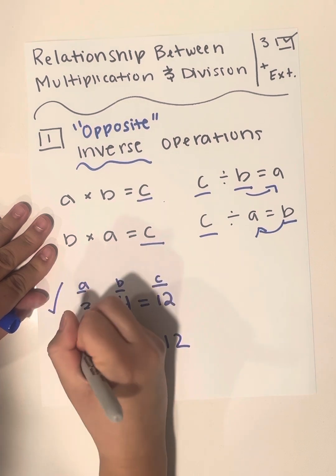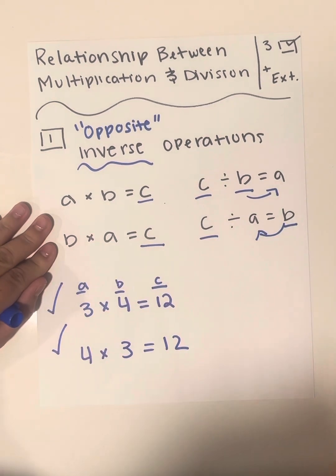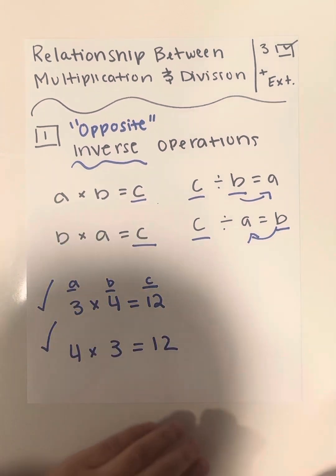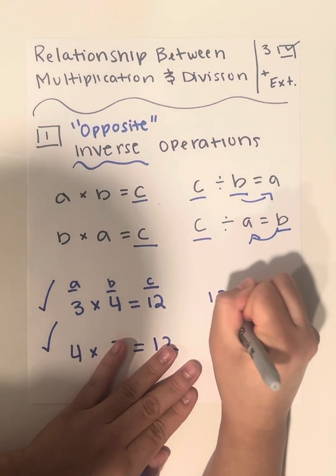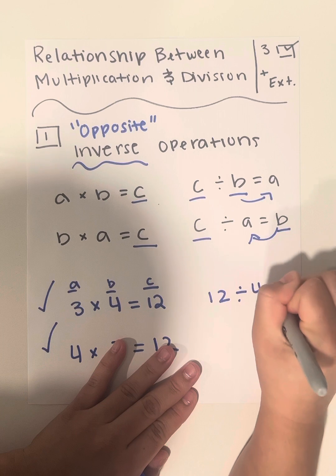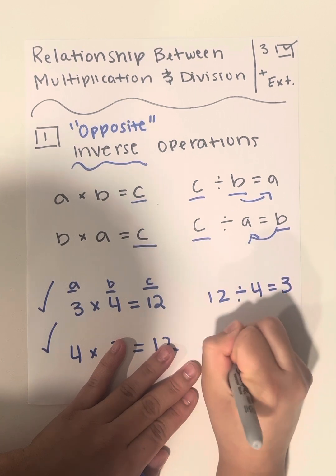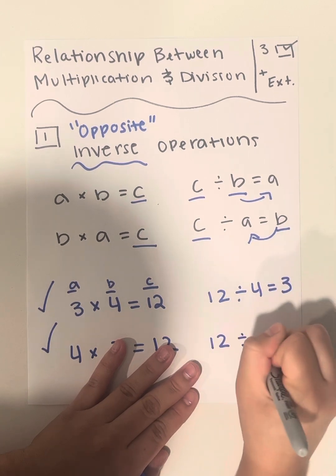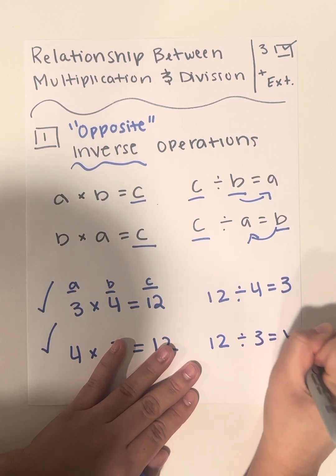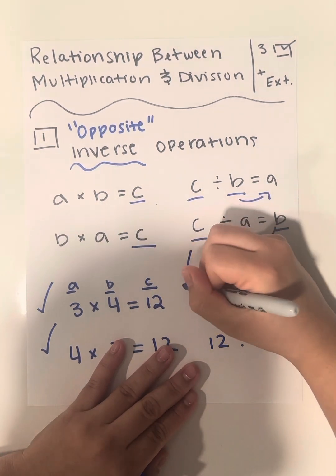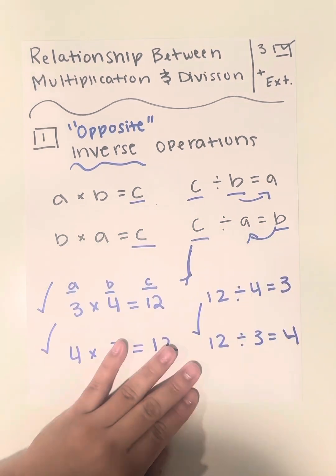These are both true. If we plug those numbers in over here, we would see that 12 divided by 4 is equal to 3, and 12 divided by 3 is equal to 4. And then these are both true.